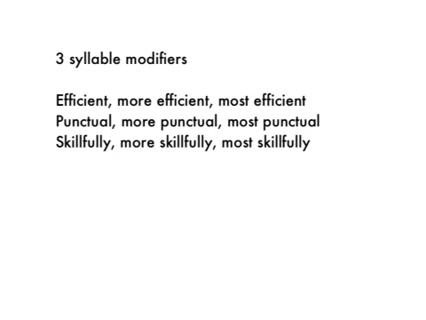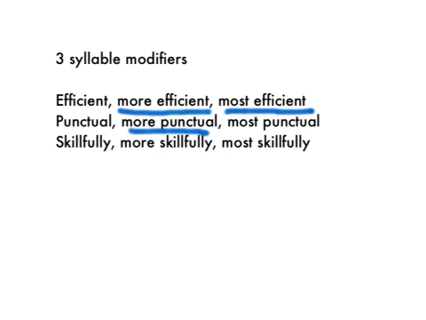Same thing goes for three-syllable words. For example, efficient becomes more efficient, or when it's the most of all, it becomes most efficient. Or a word like punctual, when you're comparing two people and you want to figure out which one is more punctual, you would say she is more punctual.